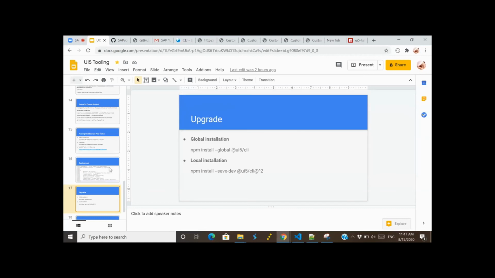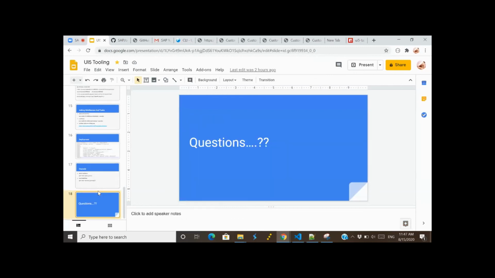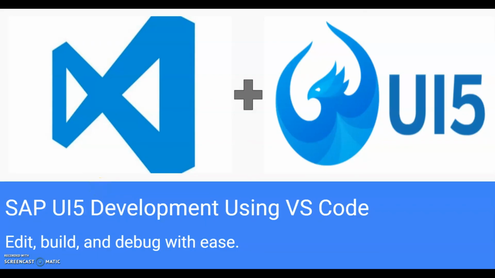And in case you want to upgrade your projects, like let's say you're on a specific version, UI5 Tooling 1.2, just run npm install globally and locally also. I think in today's session we saw what VS Code is, how to use it to develop your app, and how to deploy the apps that we have developed to the ABAP server.